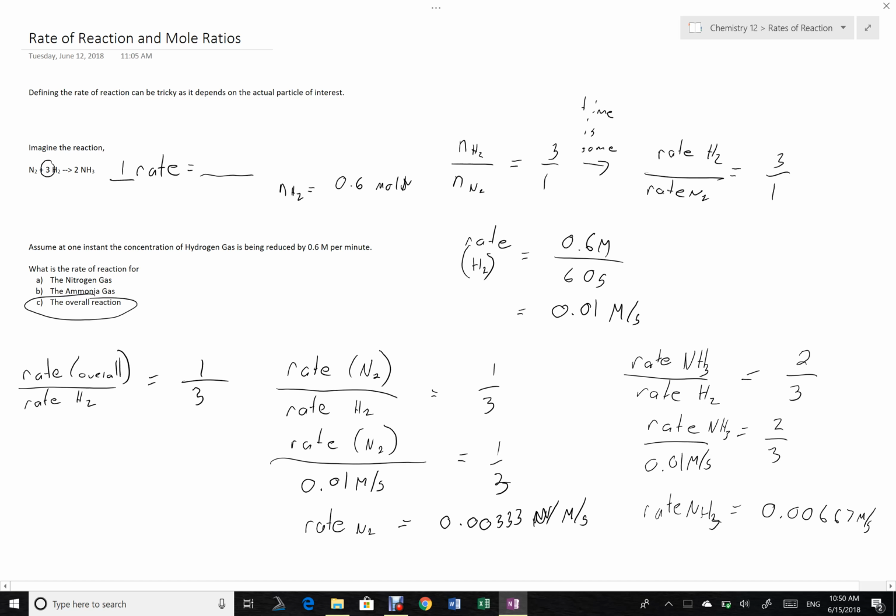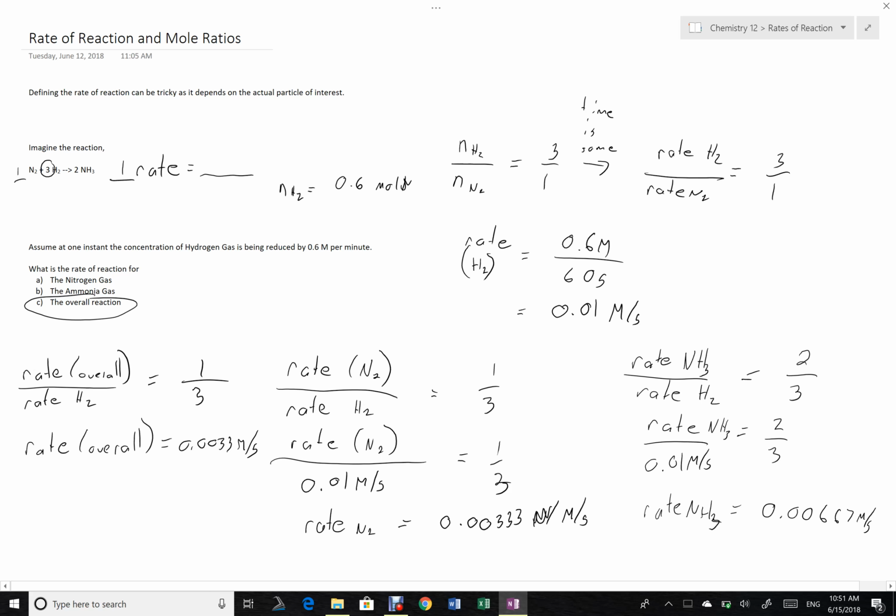We've already done this one. Since nitrogen is 1, then the rate for the overall reaction, the rate for the nitrogen would be 1-to-1. So we know that the rate for the overall reaction is going to be 0.0033 molarity per second.